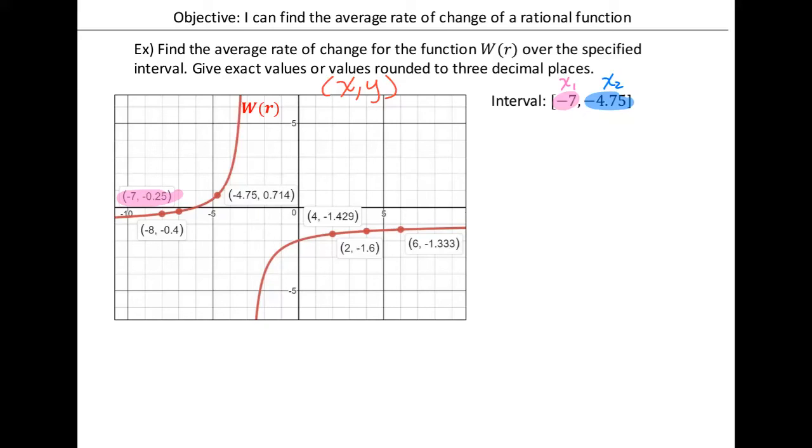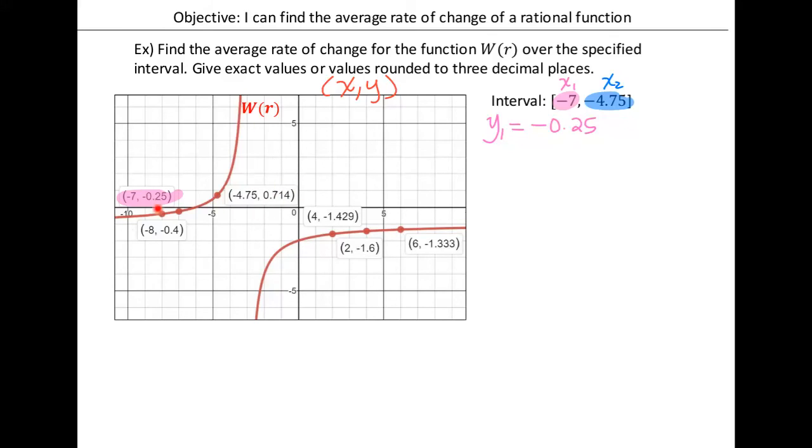So that means then the one next to it is your y. So your y1 would be -0.25. And then I'm looking for the x2 value of -4.75. So which of these has an x of -4.75? Okay, good.